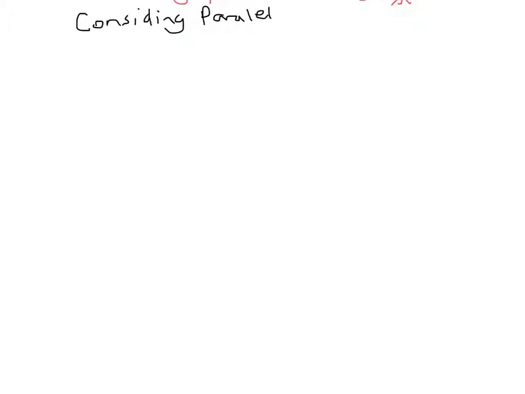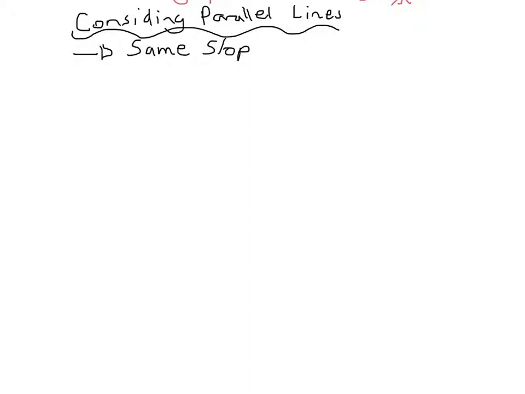These are parallel lines that have the same slope. All parallel lines have the same slope, but these also have the same y-intercept.